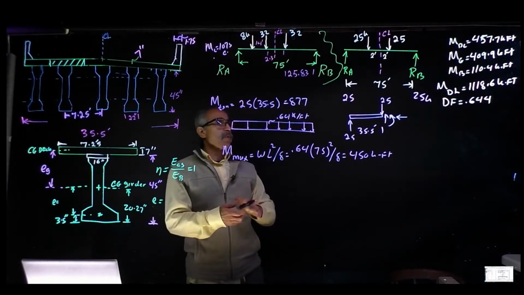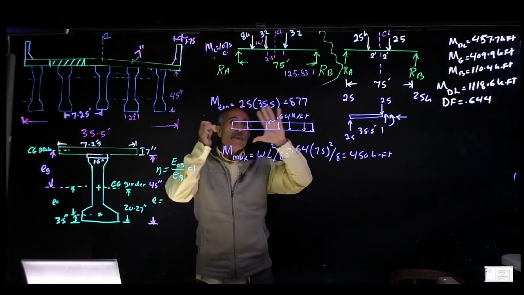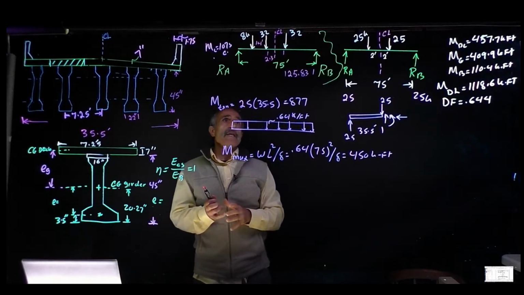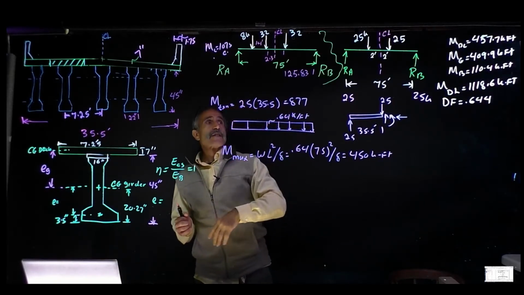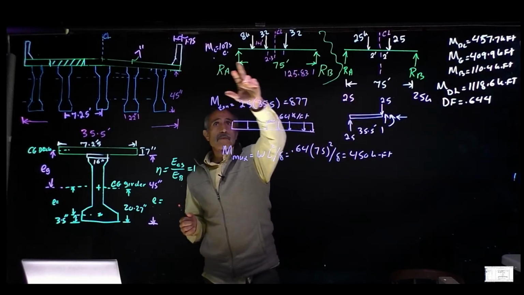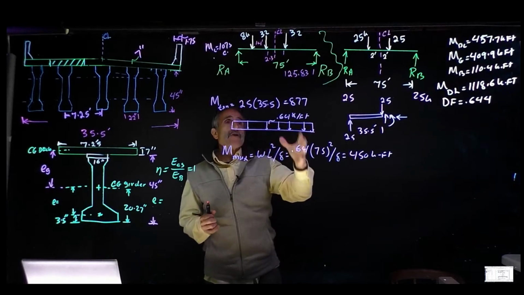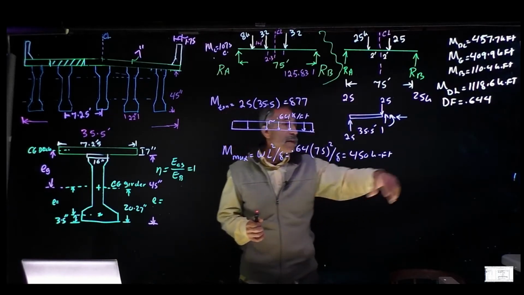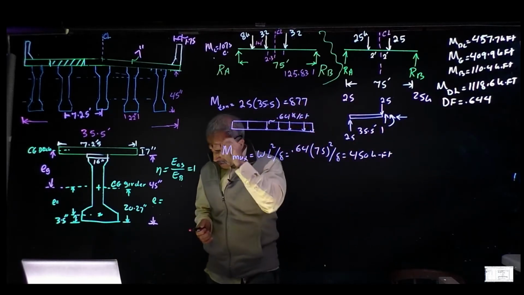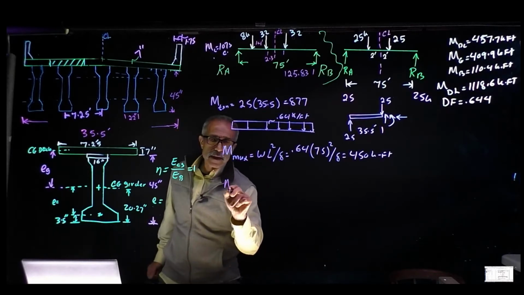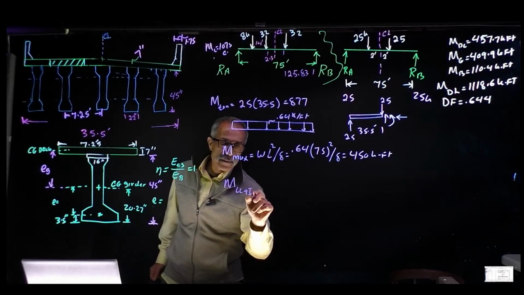Now, when we do the live moment, we do HL93 and a tandem, whichever one is bigger, which was this one. Then we do the lane load, which is this one. Now the moment is going to become the distribution factor times MLL plus IM.